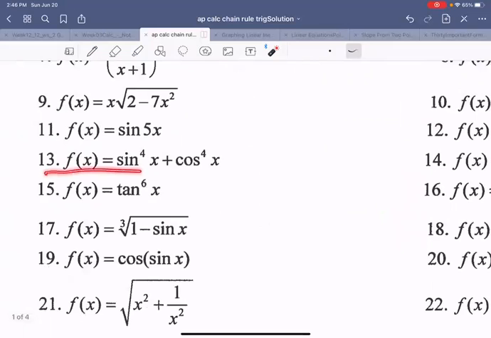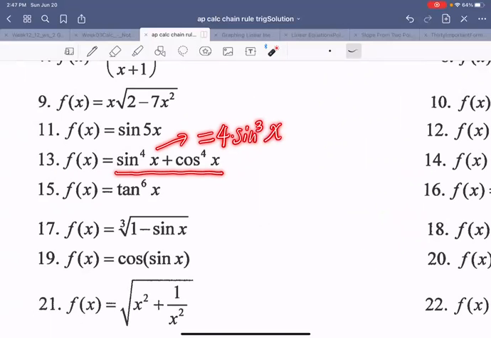How about number 13? This one. You can do this. This goes to 4 times sine cubed x, and then you have to do the sine x derivative, which is cosine x.